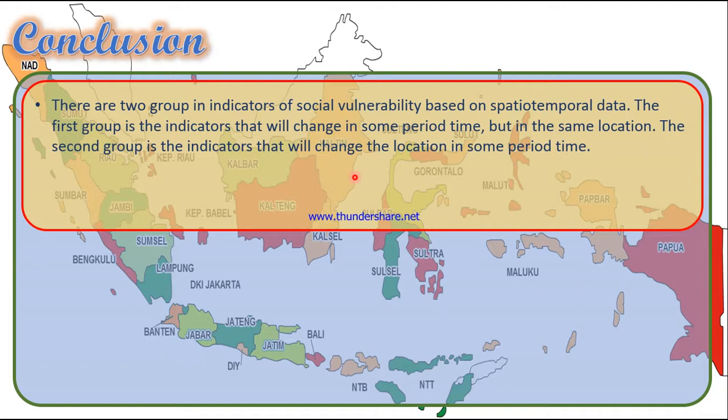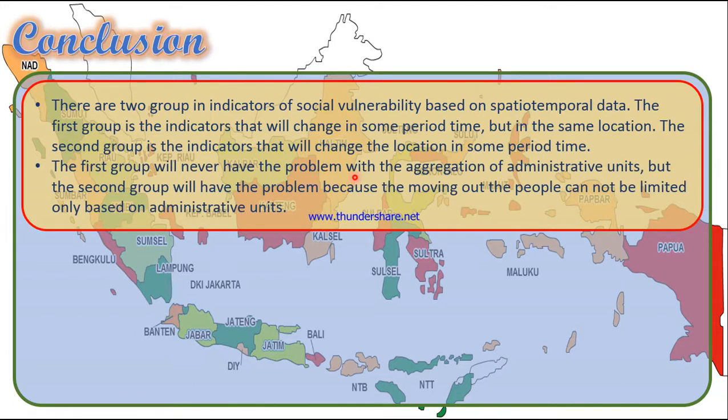The second group is the indicator that will change the location in some period of time. The first group will never have the problem with the aggregation of administrative units, but the second group will have the problem because the moving out of the people cannot be limited only based on administrative units.